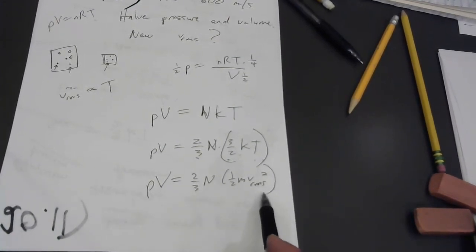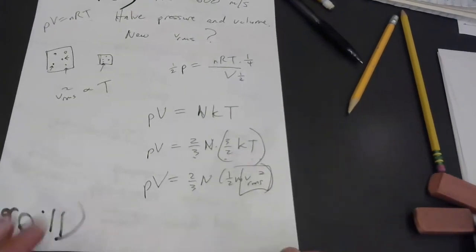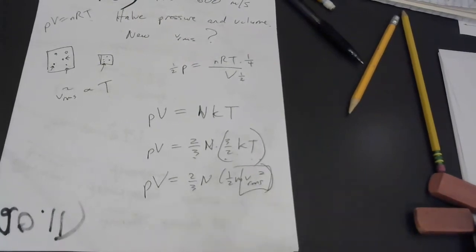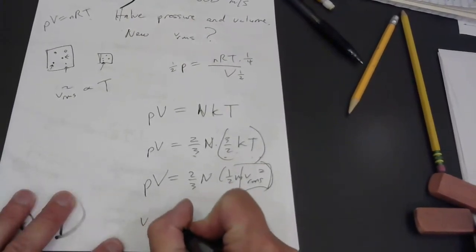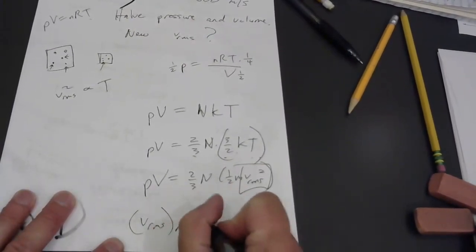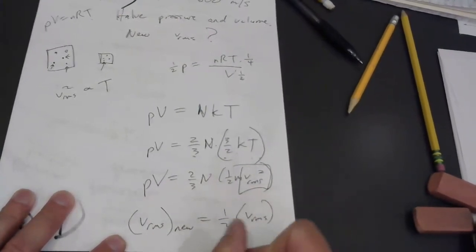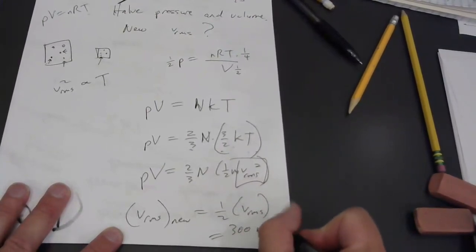Same thing would have to happen over here. This would also have to be cut down by 1/4, and that means each individual factor of VRMS would have to be cut down by a factor of 1/2. Okay, so VRMS new would be 1/2 of the original VRMS. 1/2 of 600 is 300.